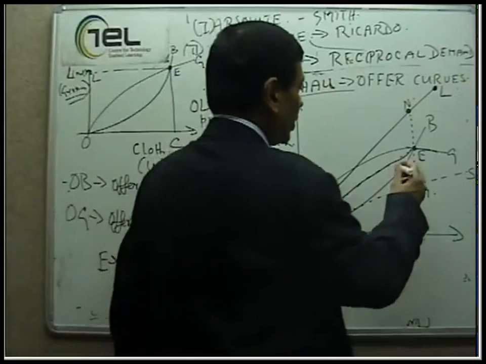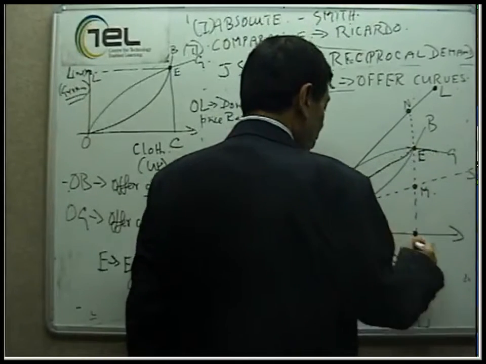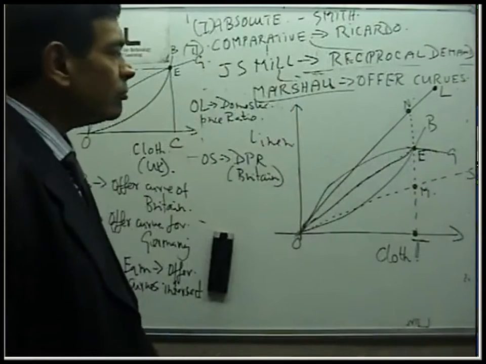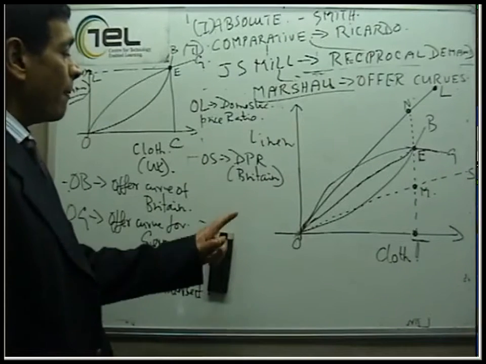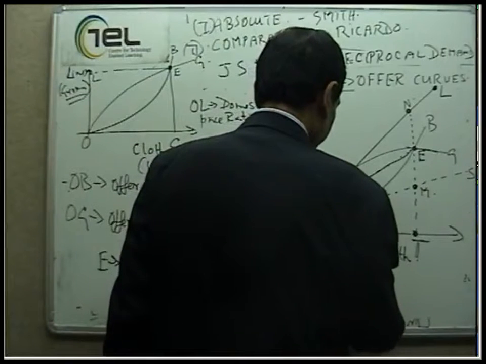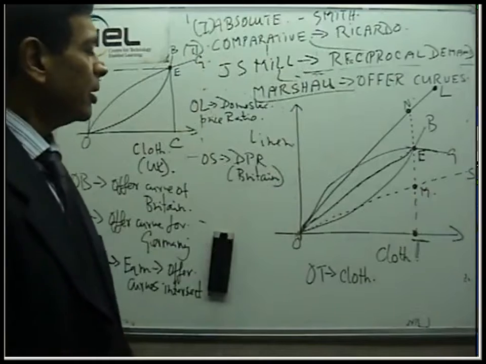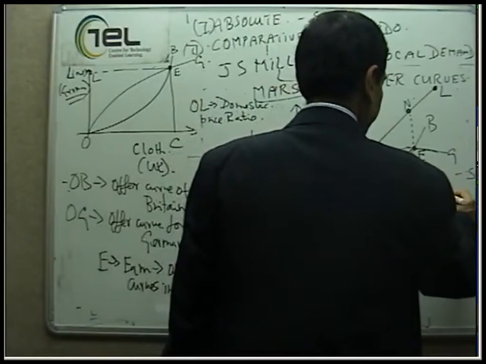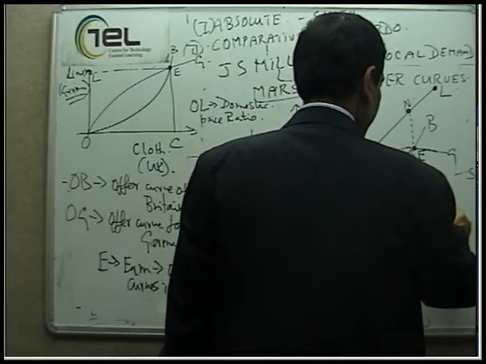Now, the terms of trade equilibrium is at point E. Suppose we look at this point here. Britain is exporting OT of cloth, and it is now importing linen. Earlier the case was MT before trade, but after trade, it is ET.